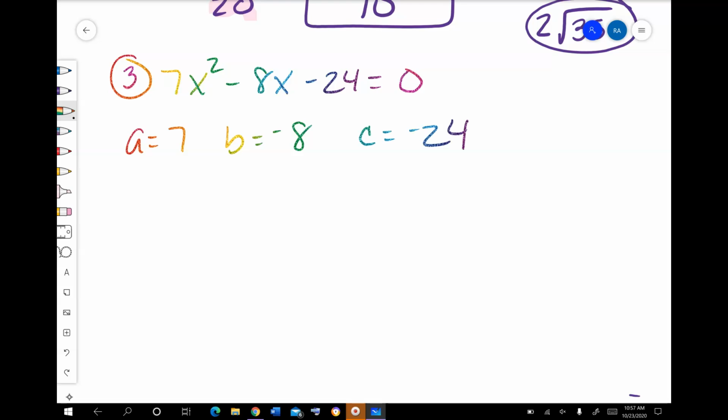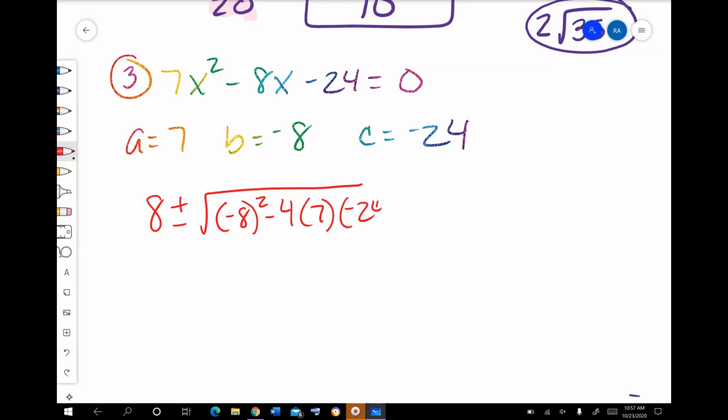Okay? So we plug this into our formula. Opposite B plus or minus the square root of B squared minus 4A times C, all over 2 times A.